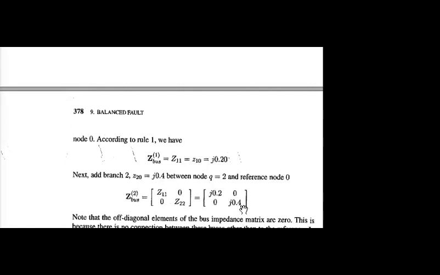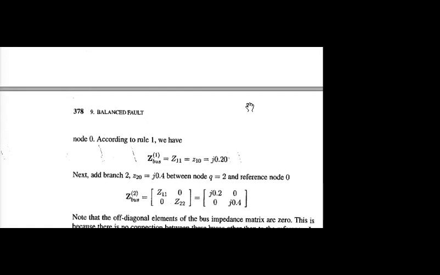So you have to place all the connections attached to the reference node in this way, in the diagonal element. Sir, why are the off diagonal elements 0? That is the formation. The off diagonal elements for the reference node will be 0. But in the other scenario, if it is not connected to the reference node, in that case it will have some value.